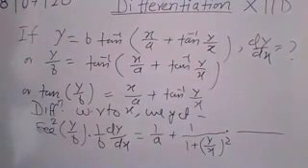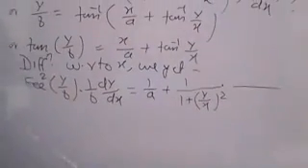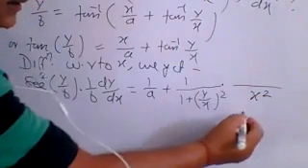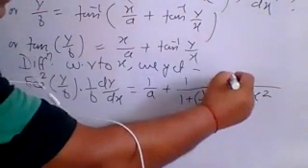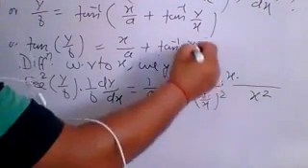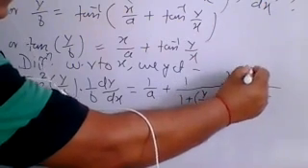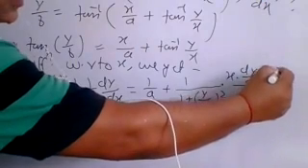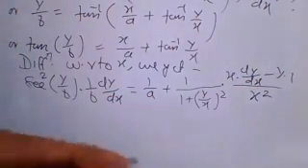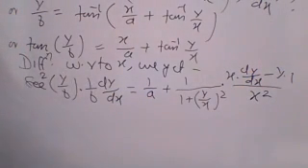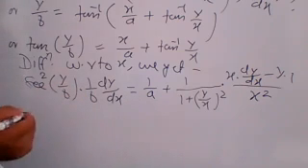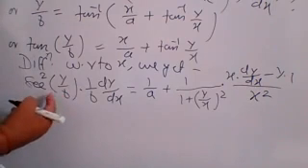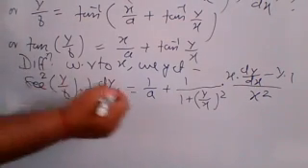So if you apply the quotient rule here, you write the square of the denominator, x square, and in the numerator you write denominator into d by dx of numerator, that means x dy by dx minus numerator into 1. Okay, now try simplifying it. On the left side, you have the term of dy by dx.